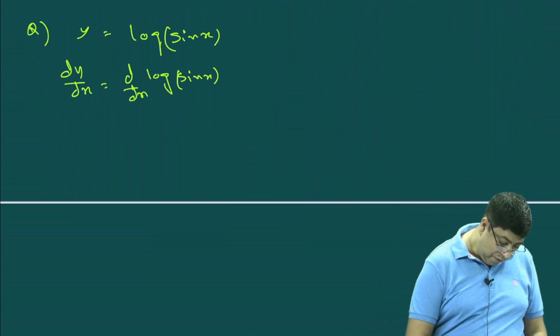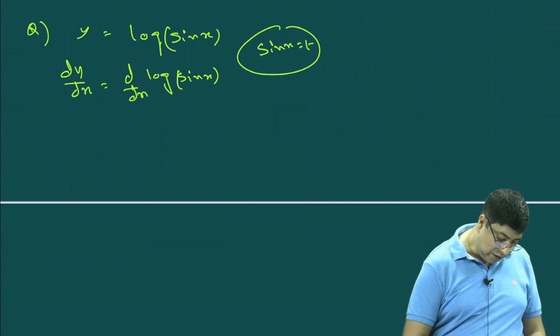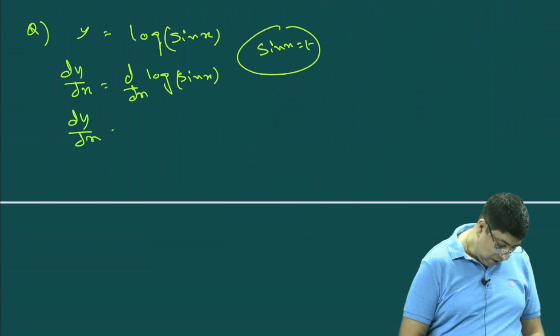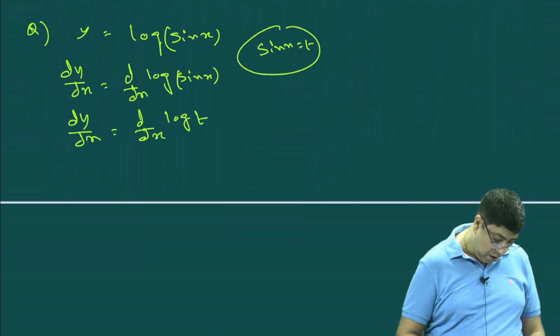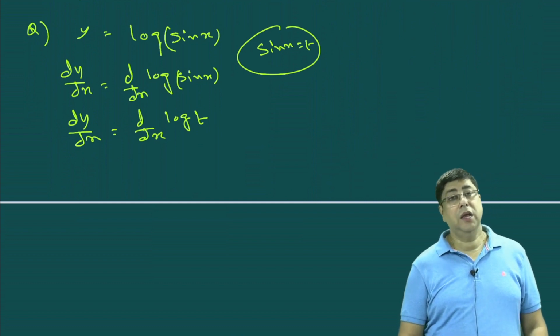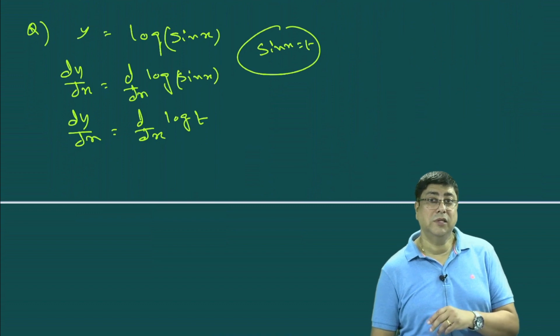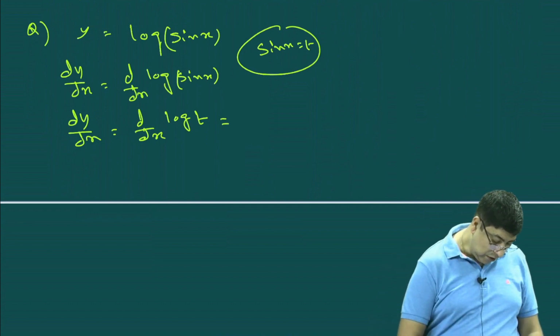In this case, if we take sin x equal to t, what is coming here? d/dx of log t. But t cannot be differentiated with x. What I told you, that calculus is a one variable function. Therefore t cannot be differentiated with x.